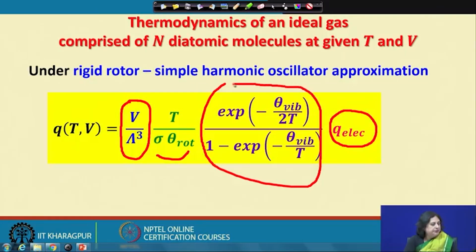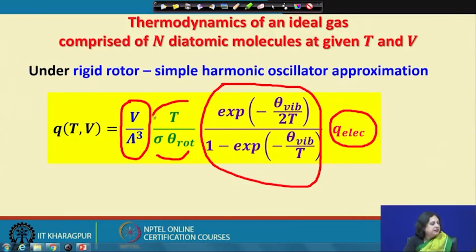So, this term that you see accounts for the simple harmonic oscillator nature of the bond that is holding the two nuclei together, and theta vibe is the vibrational temperature of the chemical bond that we are talking about.